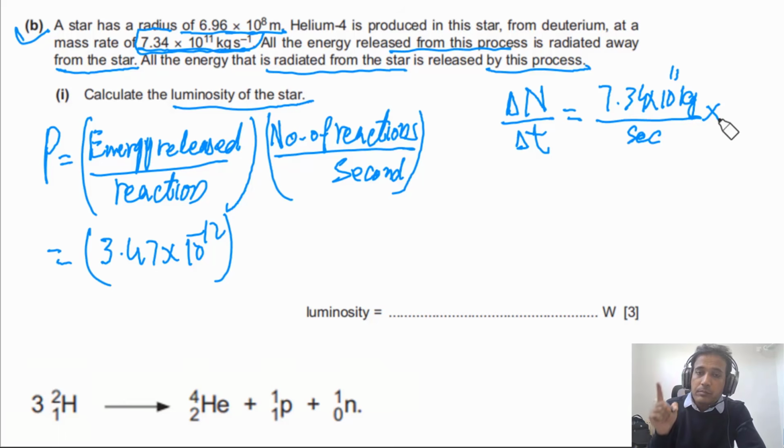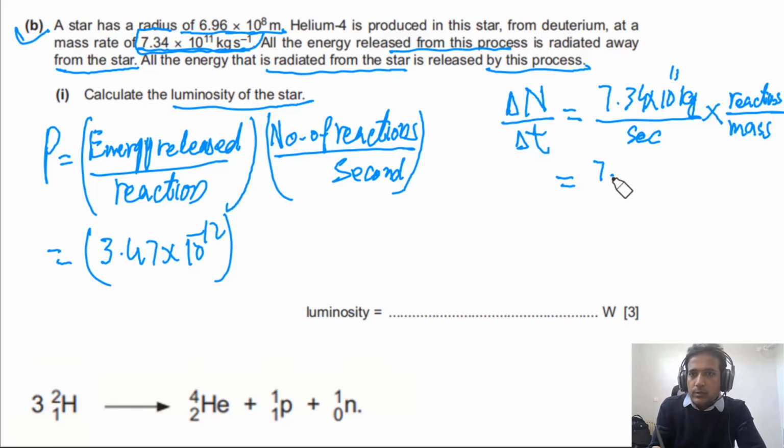And we have the mass per reaction. So if we divide this by mass per reaction, we will get reactions. This is mass per reaction, so I have written reactions over mass for your better understanding.